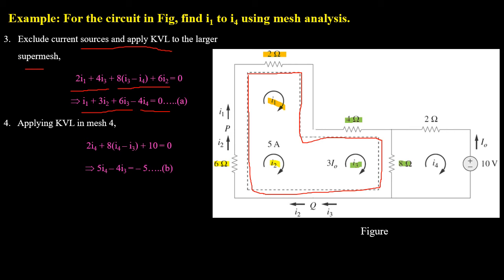And this will be the first equation of the circuit. Now we will apply KVL in mesh 4, which will give us the second equation of 5I4 minus 4I3 equals minus 5 volts. And this will be the second equation for the circuit.